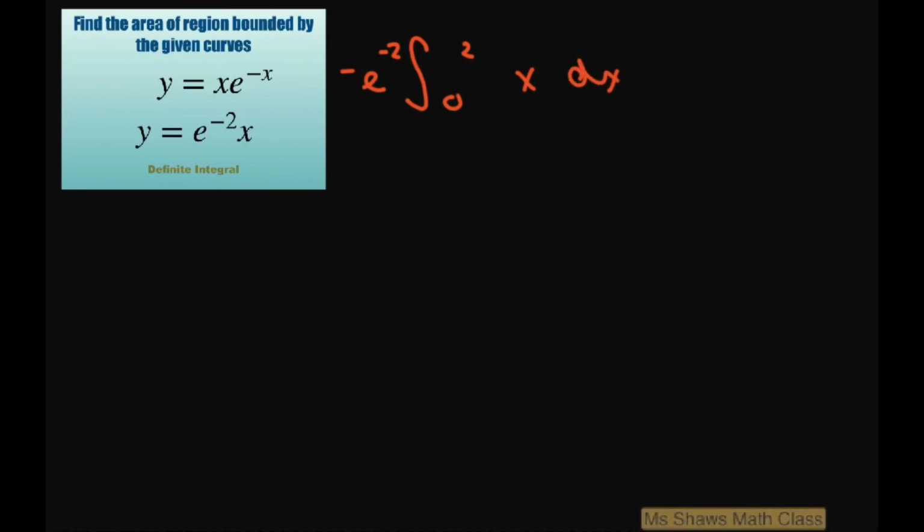This is going to give me 1/2 x squared, evaluated from 0 to 2, times negative e to the power of negative 2.